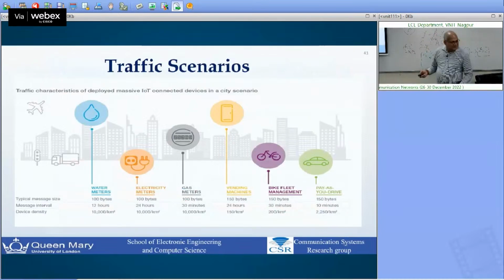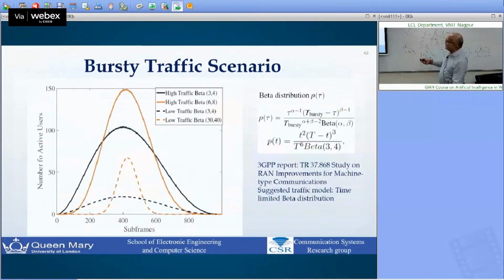Now here we are going to have the bursty traffic. I mentioned yesterday the pay-as-you-drive situation. How are we going to model it? In the 3GPP standard report, they recommended the time limited beta distribution as the correct way to model bursty traffic.